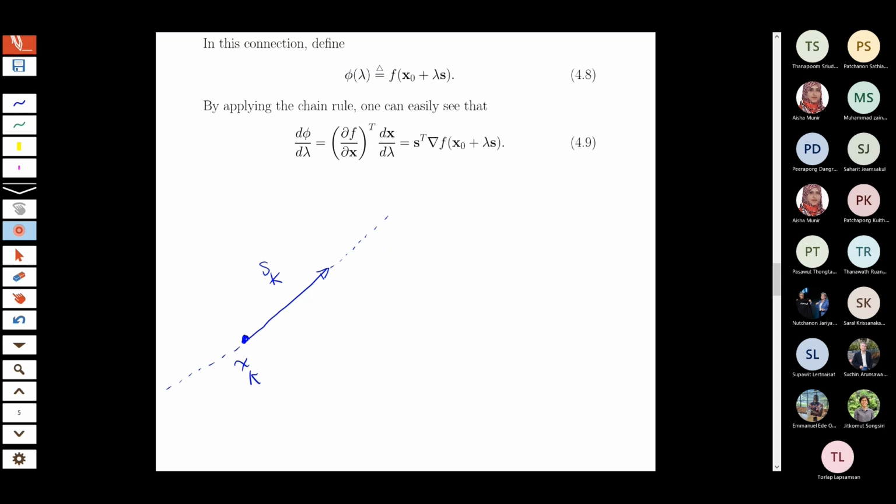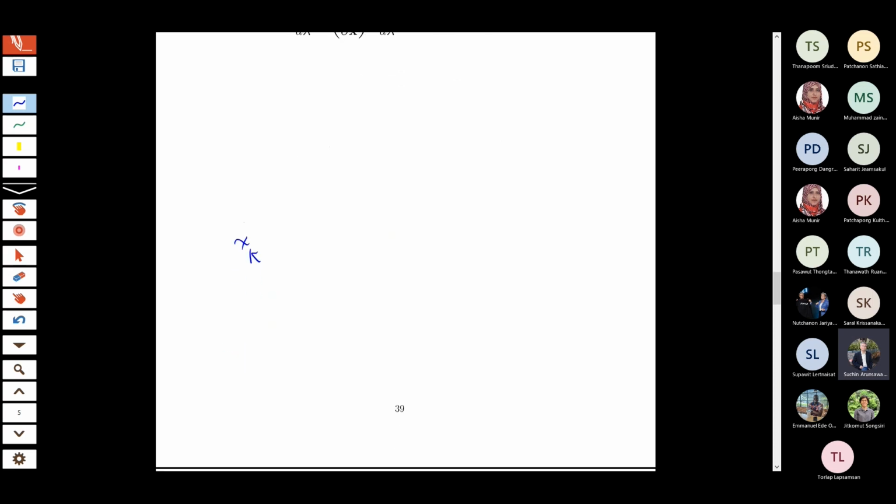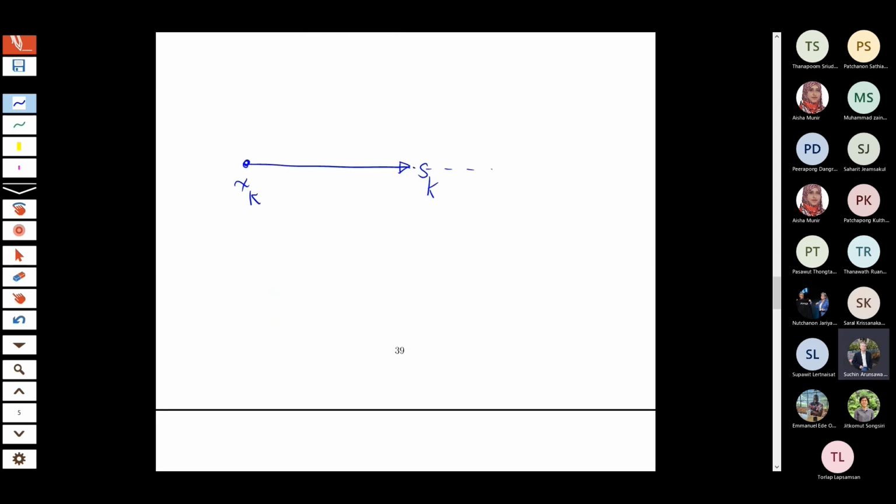Now as I said, I will rewrite this, because we need to use it again. I just rotate the figure. This is the point x k. If we move in this direction, it is the vector s k. We move this.